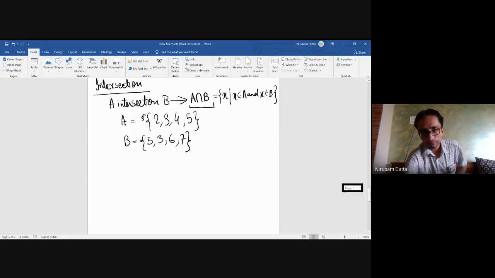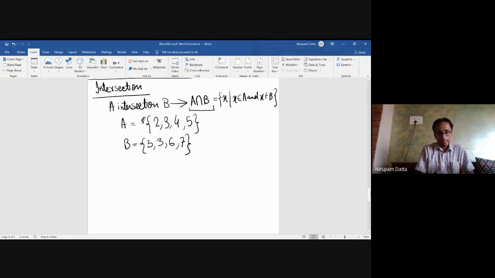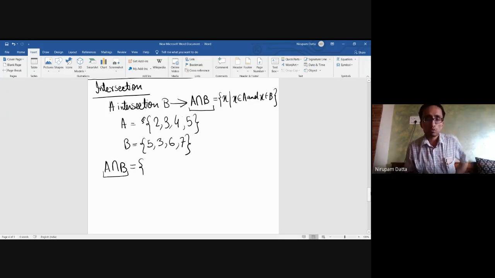So now A intersection B should contain only those elements which are common to both A and B. So which elements are common to both A and B? 3, okay, and 5.